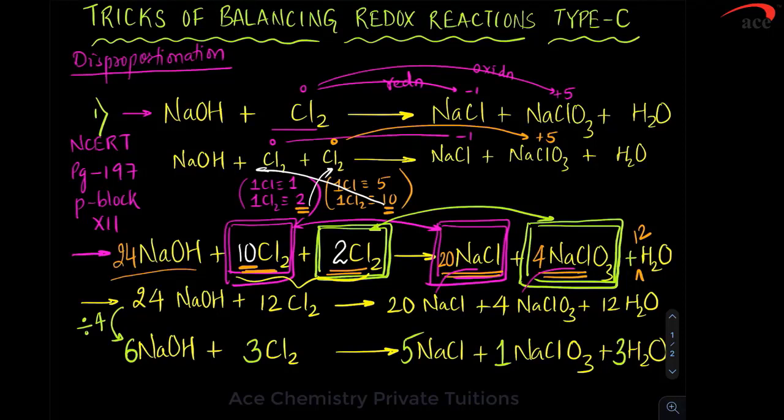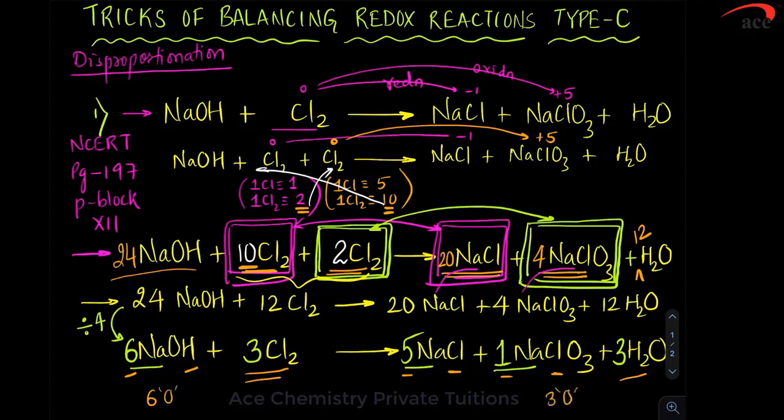If you want, you can verify also. 6 sodium, 6 sodium. If you check chlorine, 6 chlorine, and you will get 5 here and 1 here, 6 chlorine. Chlorine is balanced. Hydrogen, if you check, 6 hydrogen. If you check oxygen, how many oxygen here? The number of oxygen is 6.